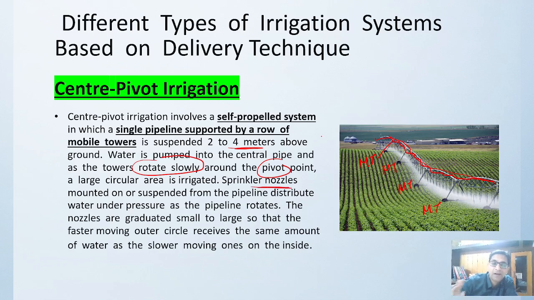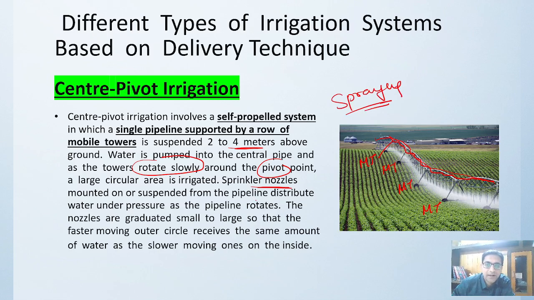So people will ask, sir, what is the difference between sprinkler and central pivot? Central pivot is a single tube that is going on, but in the sprinkler system you have a lot of tubes that are coming, spraying the water.